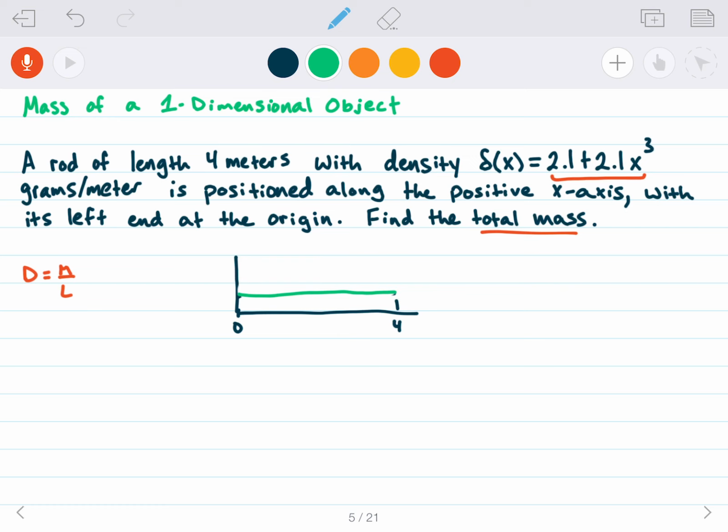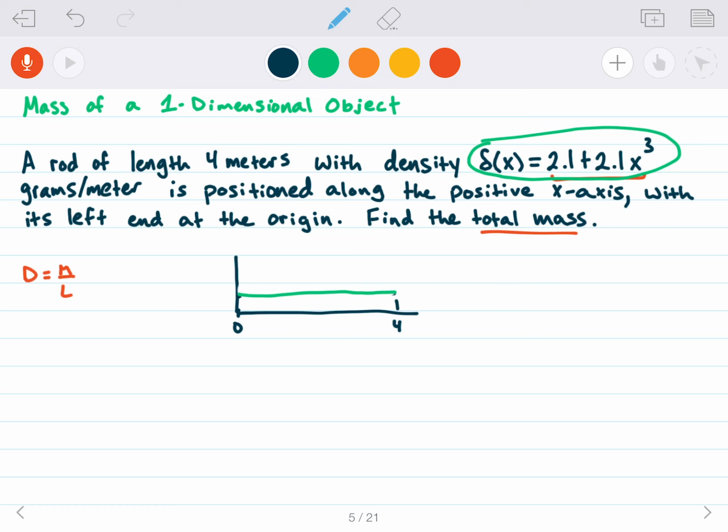Even though it looks like the density is constant because I drew it like a straight line, this is telling us that it's not. It's telling us that when x equals 0, density is 2.1 grams per meter, and then it starts increasing all the way to x equals 4. So the density is changing as x changes.